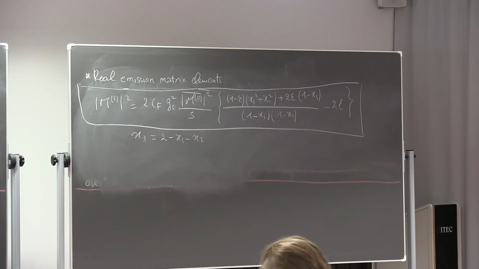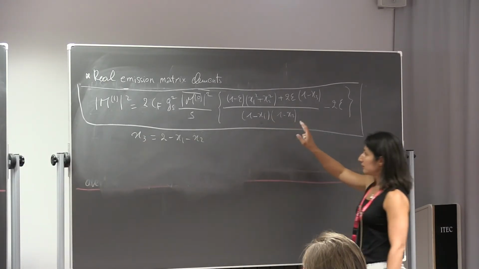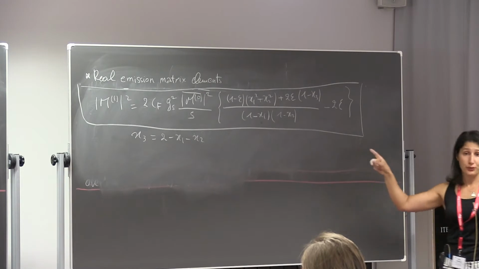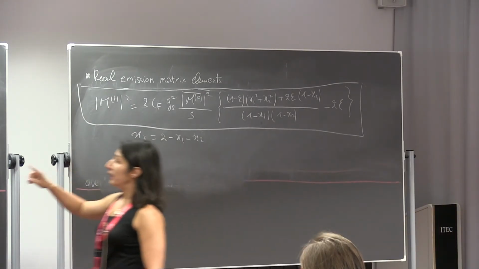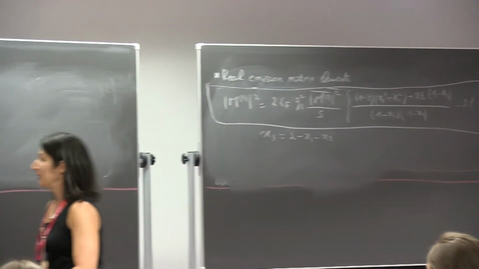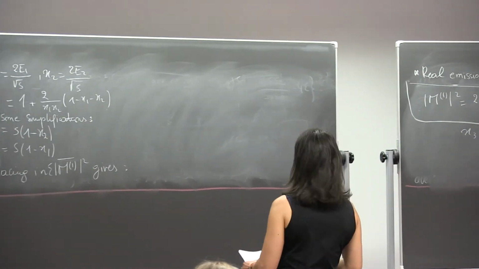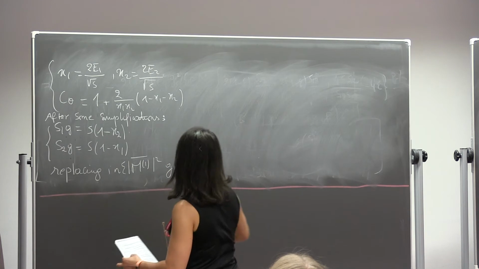Right, so you see that we do have singularities when x1 or x2 or both vanish. All right? x1 and x2 are related to S1G and S2G. Now, I will put all the relations one next to each other, so we do have S1G and S2G here.